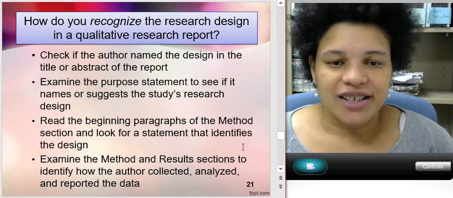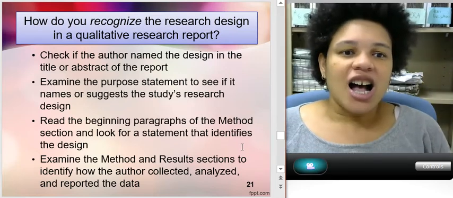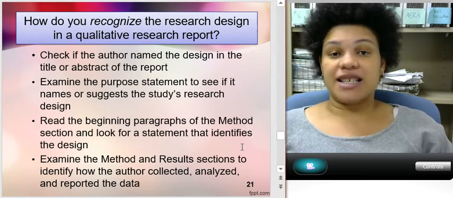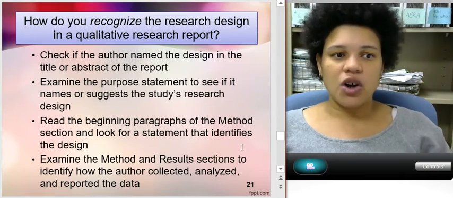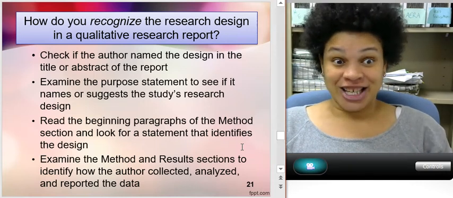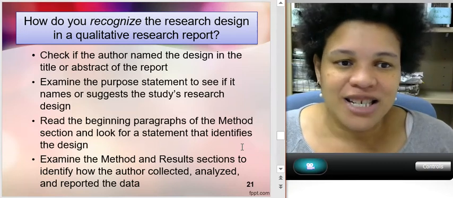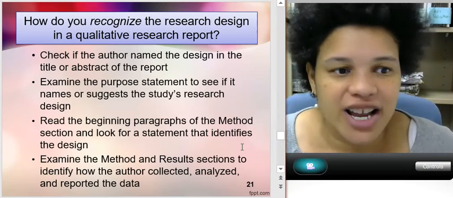Okay, so we've talked about these 5 types of research design in qualitative research. So how do you tell what it is you're looking at? Maybe the author named the design in the title or abstract.